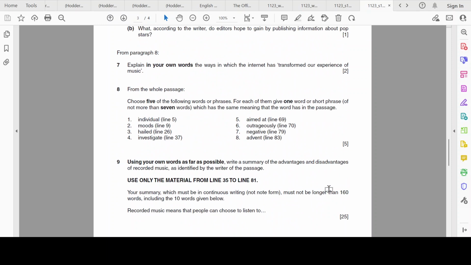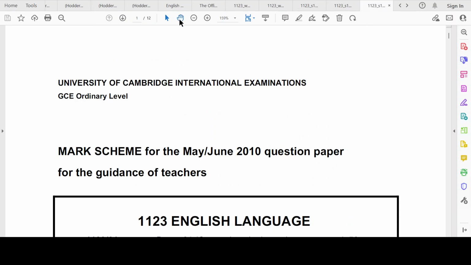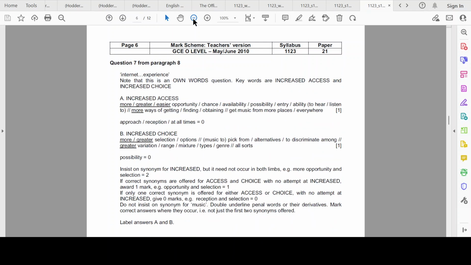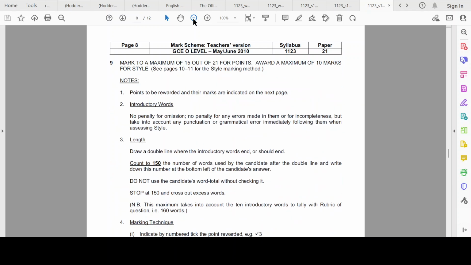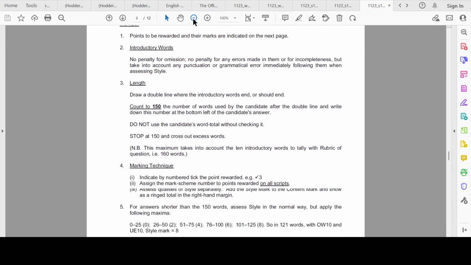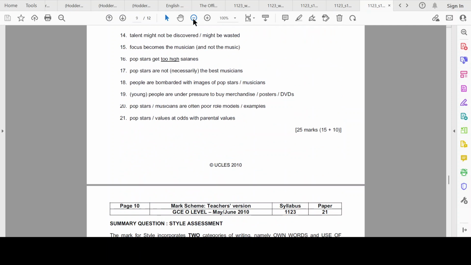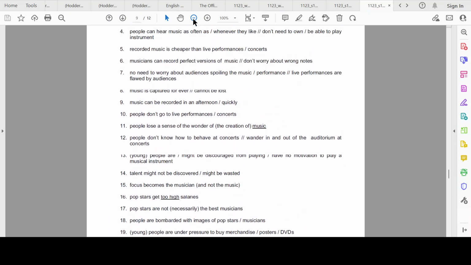Just taking a look at the marking scheme for this one, MS21, and the summary. They have 21 points, which is obviously a lot more than what we would want.